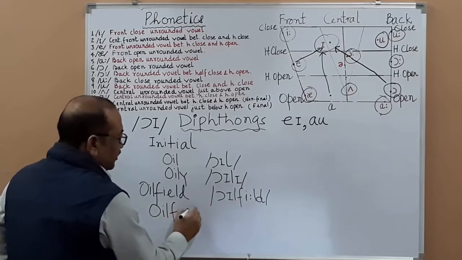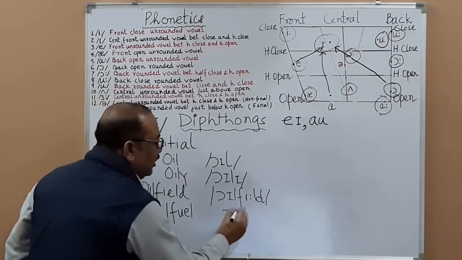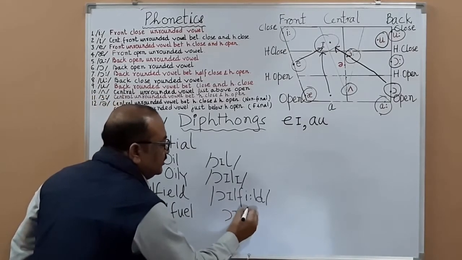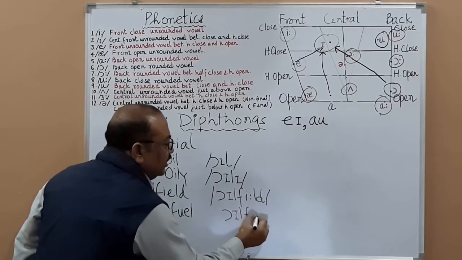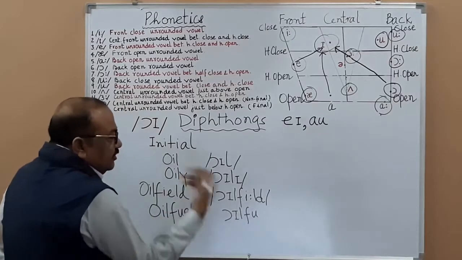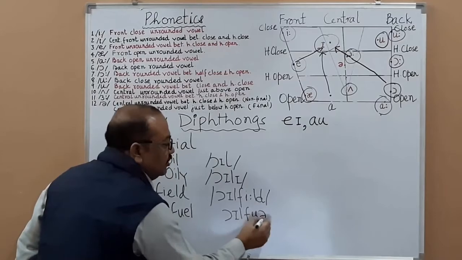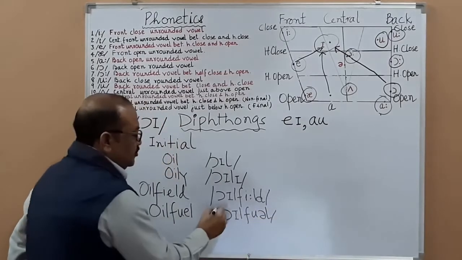This is how you write OL. Then you write foo. But this E will be inverted; you will have O schwa in place of that. Oil fuel. Okay, this is how.